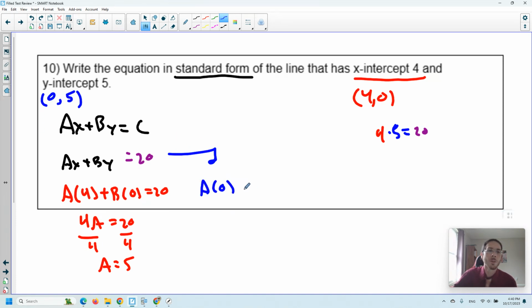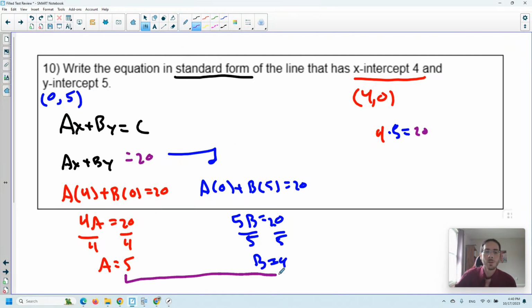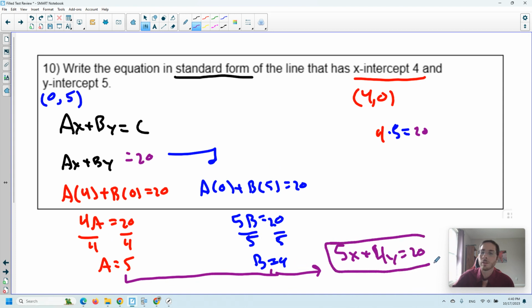I can put 0 for x and 5 for y. And this gives me 5b equals 20. Well, if I divide both sides by 5, that means that b has to be 4. So that means, using these two answers, a is 5, b is 4, and that's our answer.